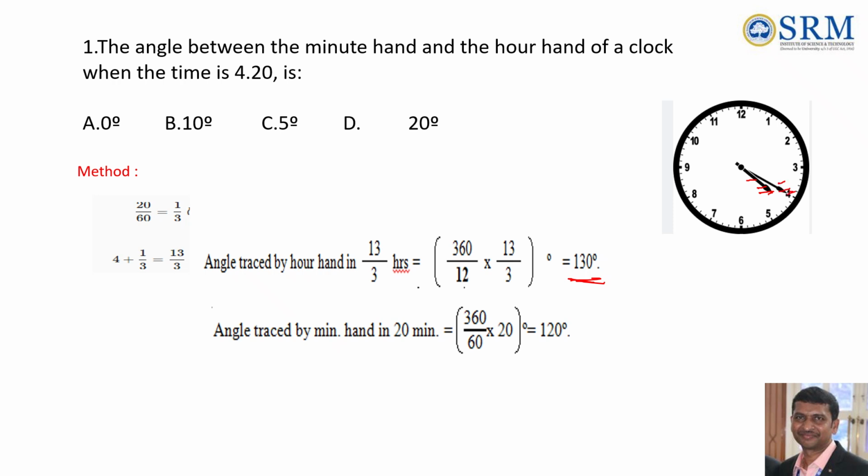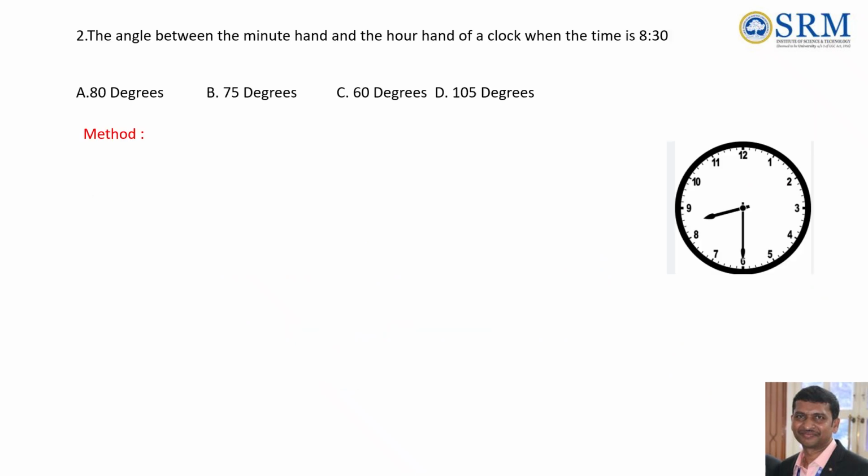So the angle between them is 130 minus 120, that is 10 degrees.